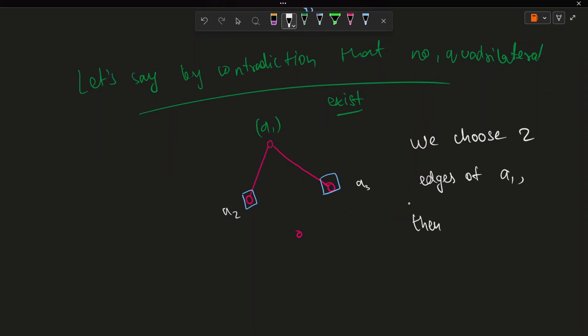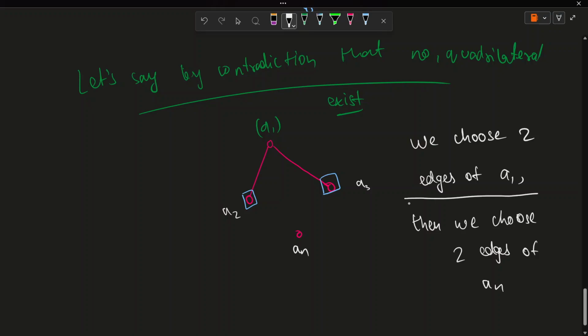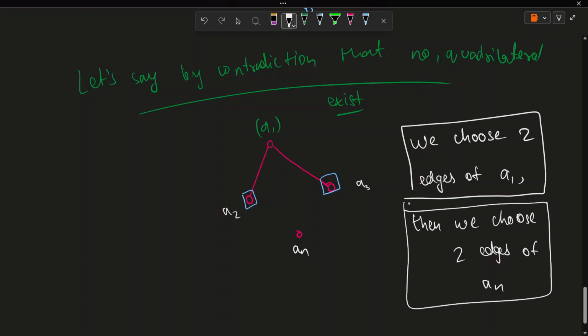Then we choose two edges of, say, some number an. So first we choose two edges of a1, then we choose two edges of an. Notice that two of its edges must not be like this. A2 and A3 cannot be the edges of an because otherwise a quadrilateral will form.